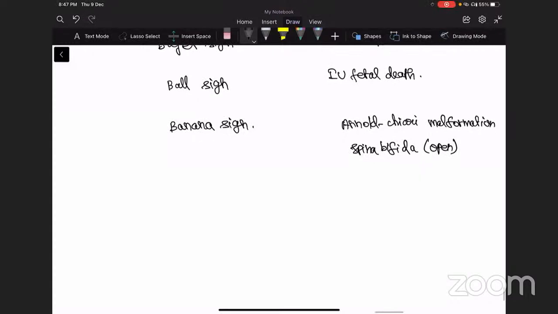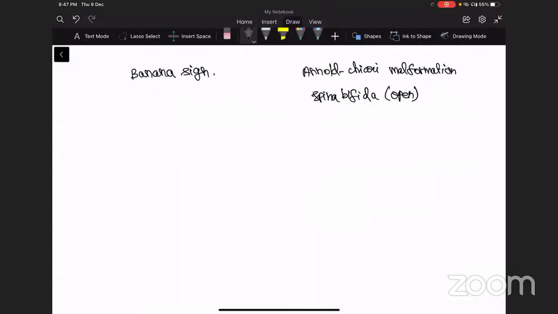Double decidual sac sign is the normal USG appearance of an intrauterine gestational sac.